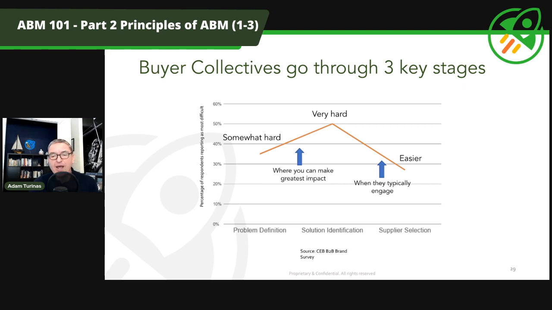And so this is where your content and the tactics that you use to reach them early in the buying process are so important. Typically, when they're getting down to this stage, they're pretty close to having made a decision. And so your tactics need to be a lot more aggressive and a lot more competitive at that particular stage.